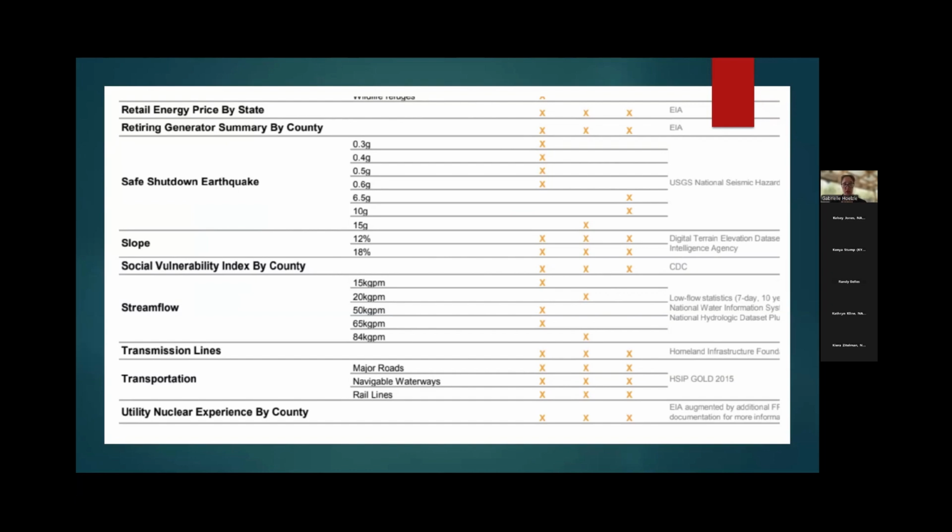So here, if you're looking at safe shutdown earthquake, which represents the seismic risk, you can look at a range of values from 0.3 G to 15 G in Alaska, depending on what reactor size and type you're trying to site. Same thing with stream flow. Some of them will need more water than others. So we have a variability there that the user can determine between 15 kgpm and 84 kgpm. Next slide, please.